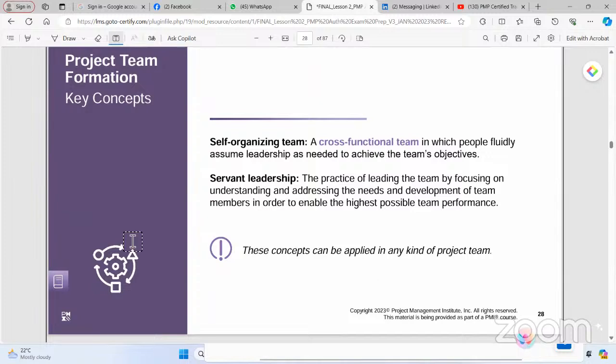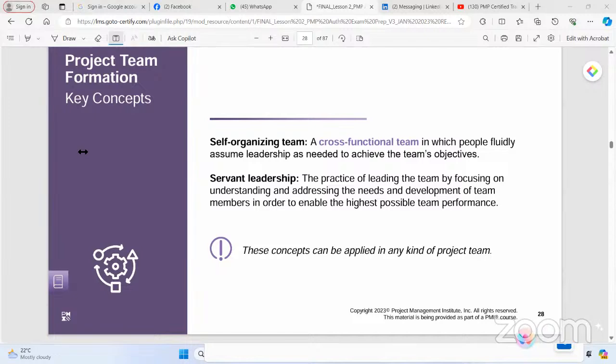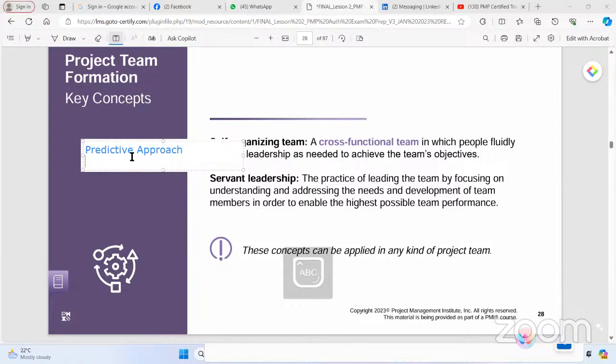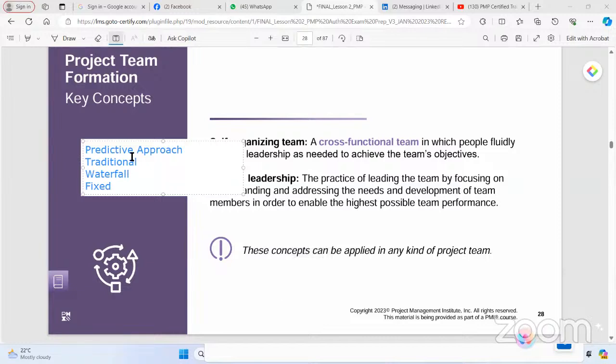So, yeah, it's a good question. Always remember that we need to see which kind of project we are in. If we are in a predictive project, which is the traditional approach of project management, we call it the waterfall approach, we have a fixed scope, and changes are not expected so often.